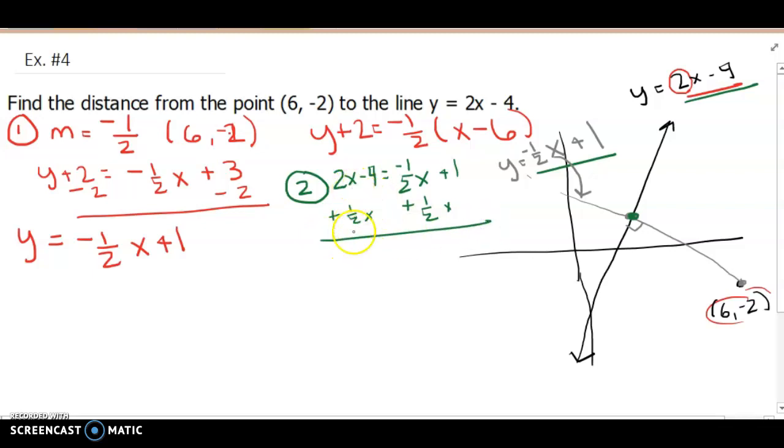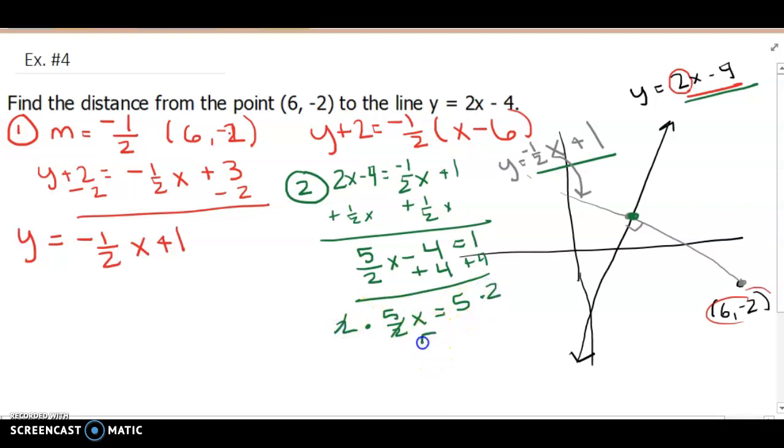Guys, I prefer fractions, so 2.5 is the same thing as 5/2 x, minus 4 equals 1. Add 4. I get 5/2 x equals 5. Multiply both sides by 2. That goes away. 5x equals 10. Divide by 5. x equals 2. So the x coordinate right here is 2.